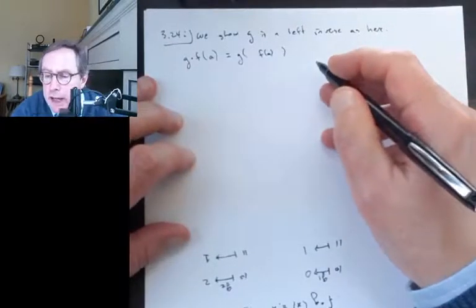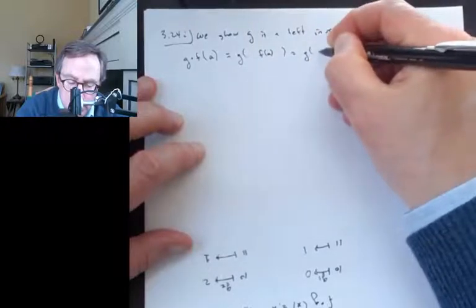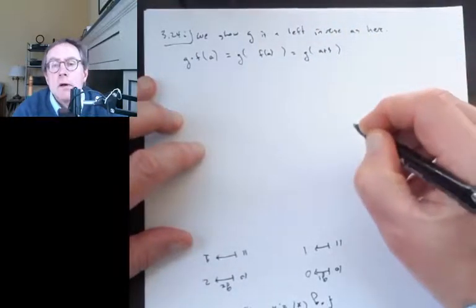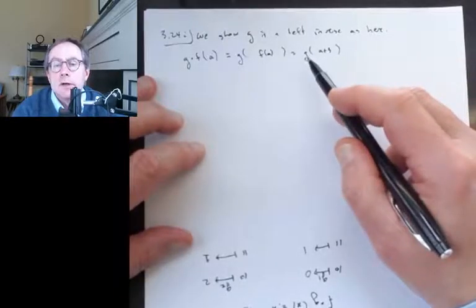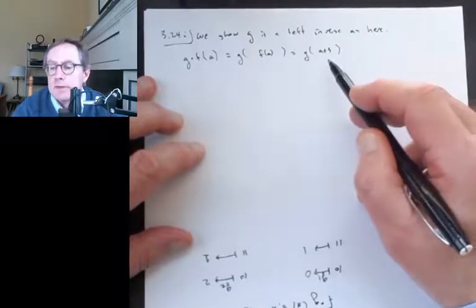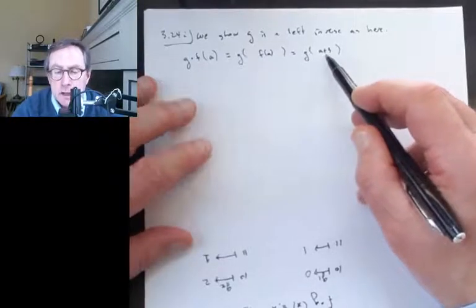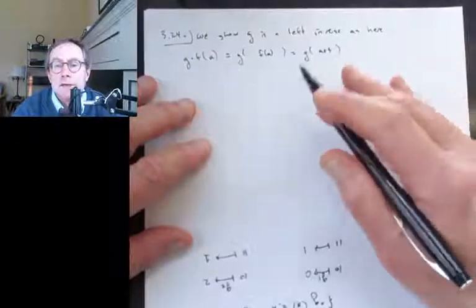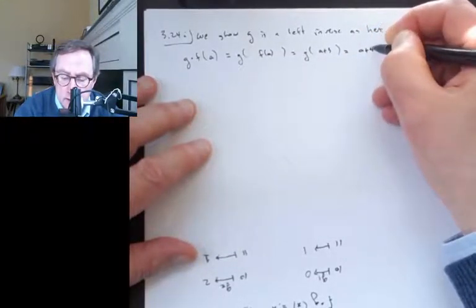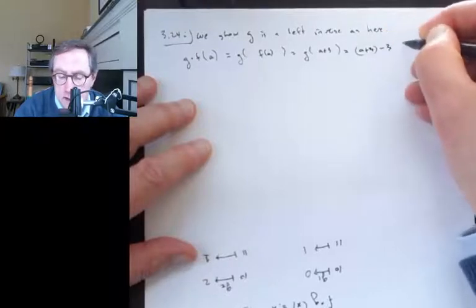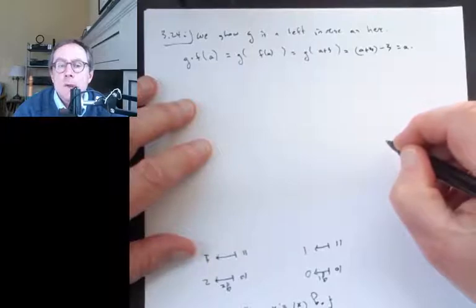F of a is a plus 3. In calculus, a person learns that G takes its argument and subtracts 3 from it. Just because it says G of a equals a minus 3 doesn't mean you do some crazy thing with the a's. The two a's are unrelated, and so you get a plus 3. That's the argument to G. Take away 3, and of course everybody knows that that's a.